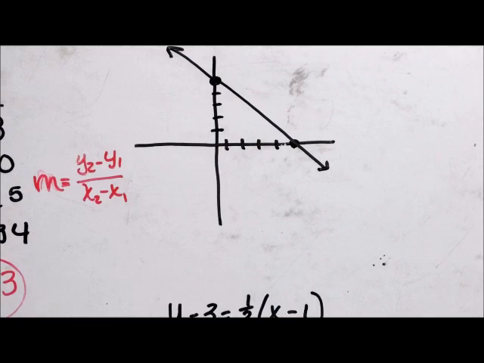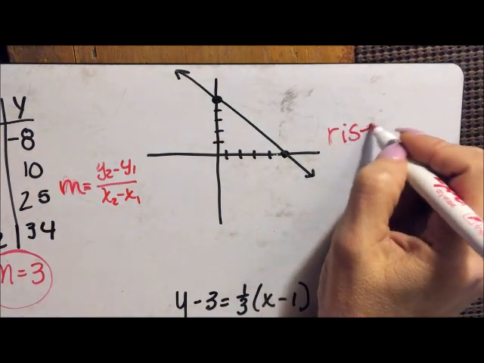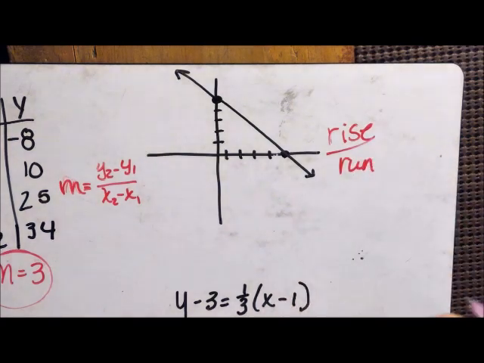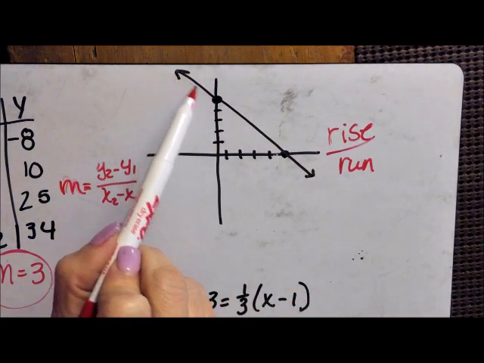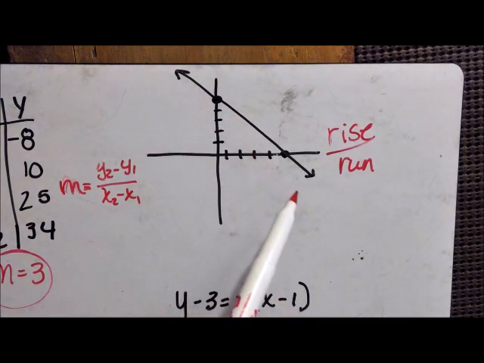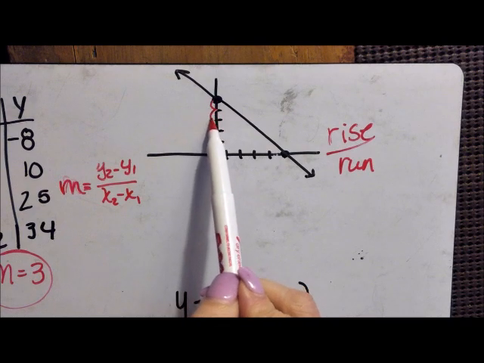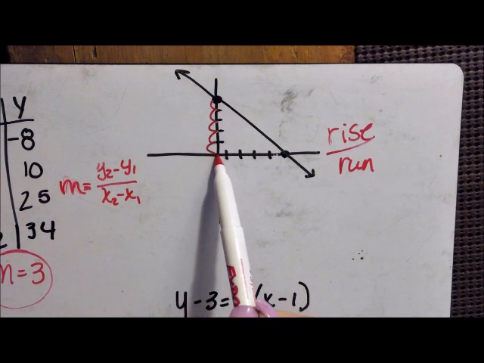When you're given a graph and you have to look at it and come up with the slope, well, remember we've got rise over run. So this would be going down. We read from the left to the right. This is going down, so this is a negative slope. 1, 2, 3, 4, 5.